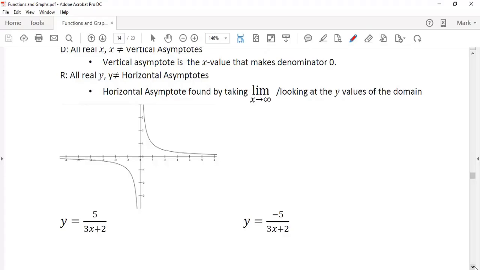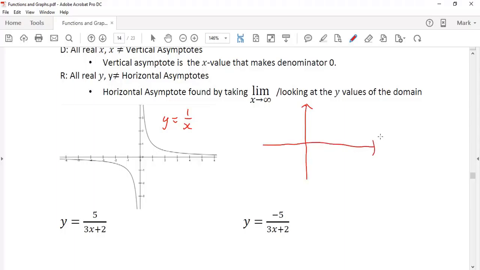So now here, this is our basic one, y equals 1 over x. So we did the negative version of the graph. As you can probably tell, it'll just switch quadrants. So I'll go over here and here.